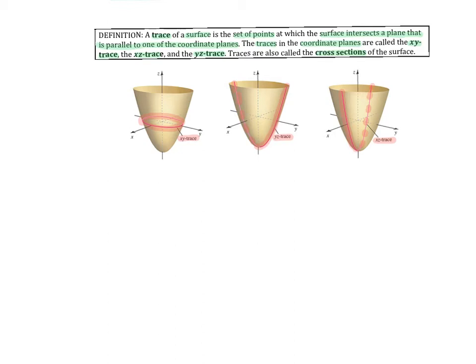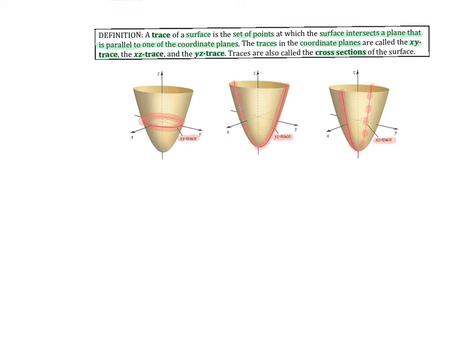So a trace is simply the curve that you get when you intersect your surface with a specific plane that's either parallel to the XY, the XZ, or the ZY coordinate planes. However, if you're looking at the intersection with the XY plane, then it's an XY trace.